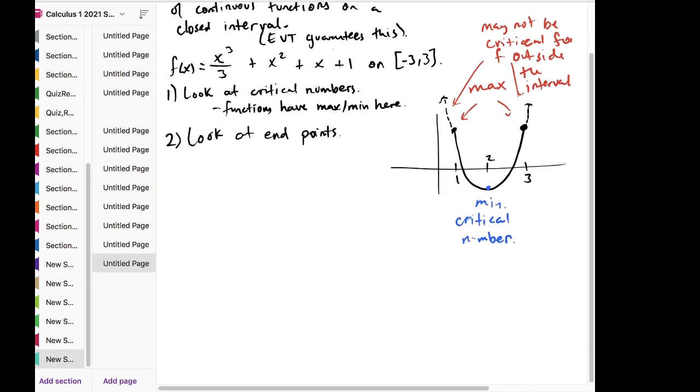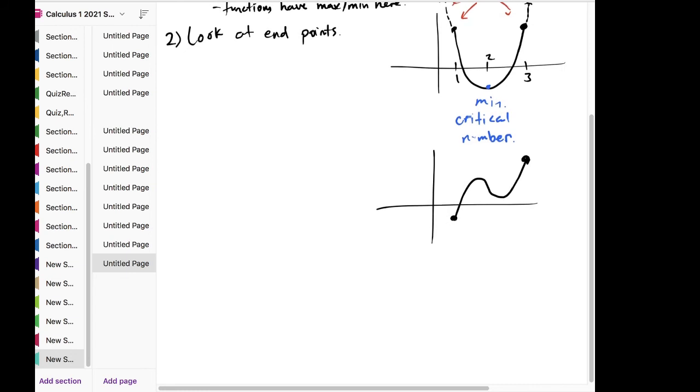Like, for example, like that, none of the critical numbers are maxes or mins, and only the endpoints are. Again, this could be some kind of cubic where these would not appear as critical numbers.